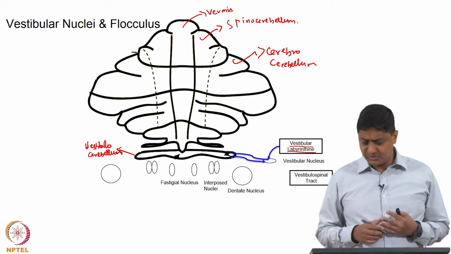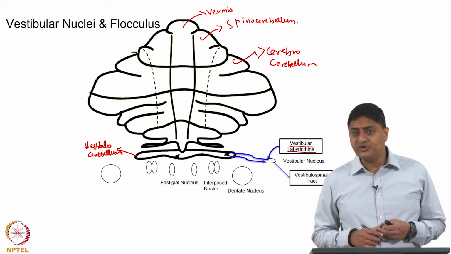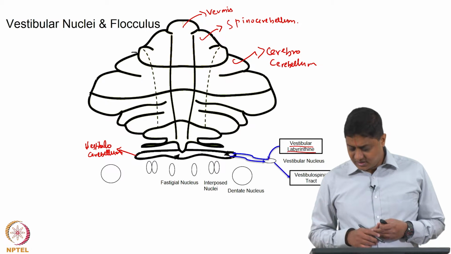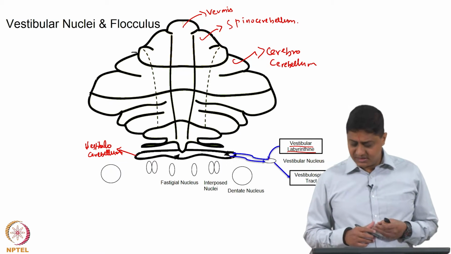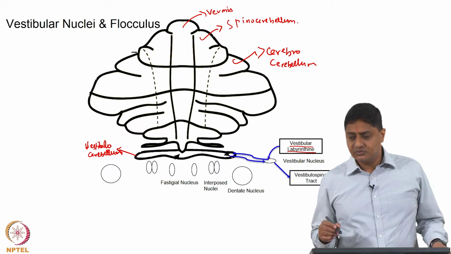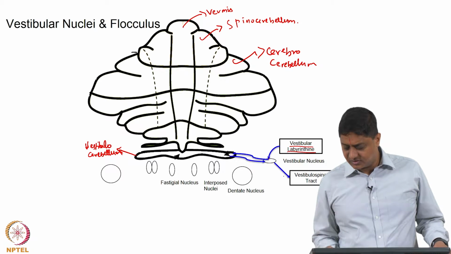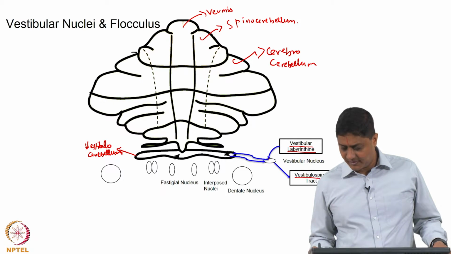But what is it going to do? The vestibular nucleus actually has projections to the vestibulospinal tract. So, the vestibulospinal tract means it projects to motor neurons in the spinal cord through the vestibular system.